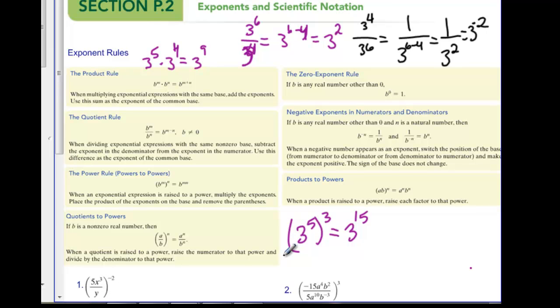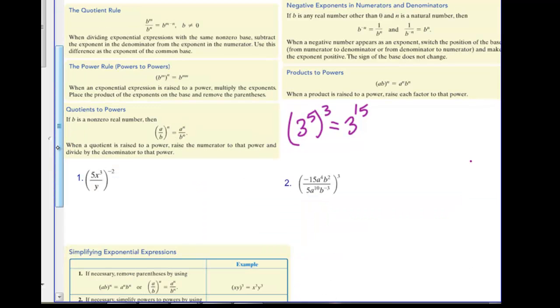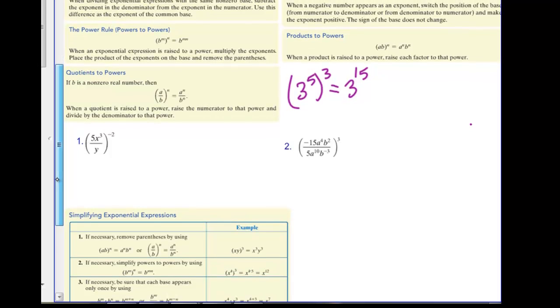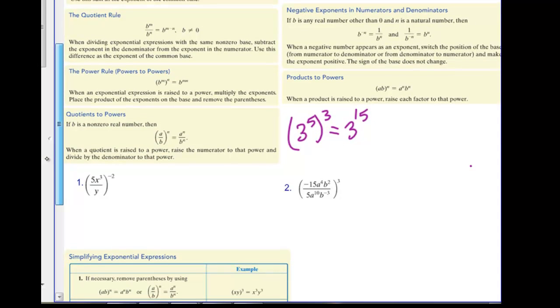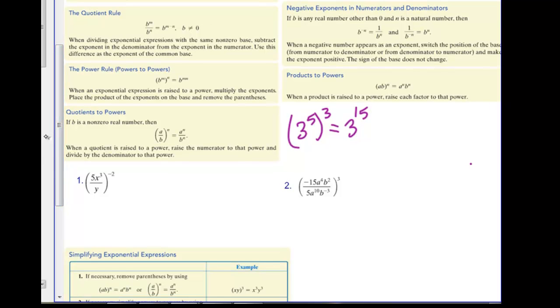So that's what 3 to the 5th cubed actually means. If those start to confuse you, write them out. It's better to take an extra 45 seconds and get it right. Oh, and any number besides 0 to the 0 power is going to give you 1.